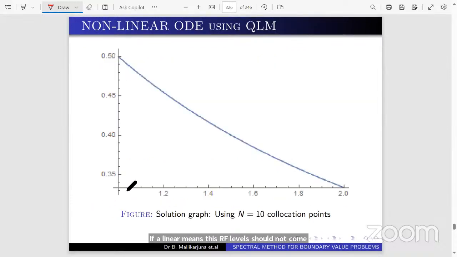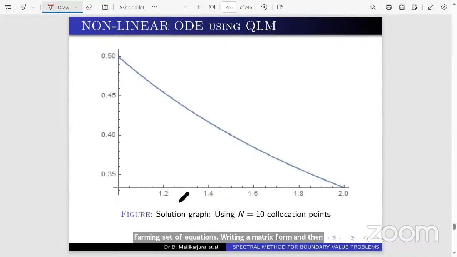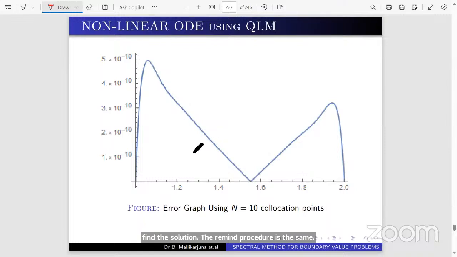Forming a set of equations, writing it in matrix form and then finding the solution, the remaining procedure is the same. So this is the solution. So what is the error? 10 power minus 10, comparing with the exact solution, the absolute difference of approximation and exact.